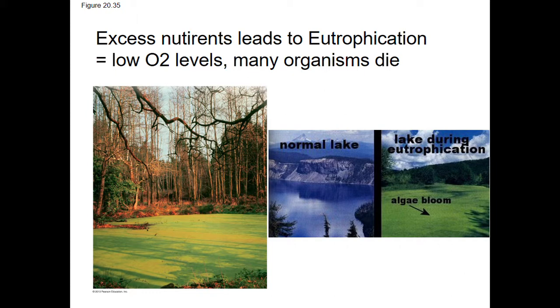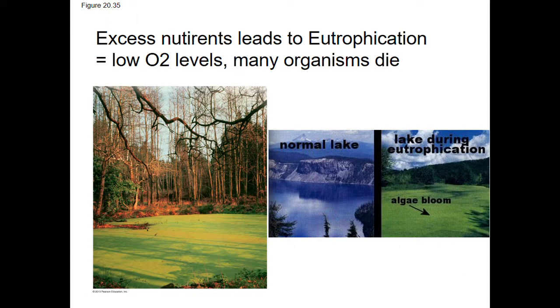So this issue is called eutrophication, and this is basically when algae takes over. On this picture on the right, we have a normal lake, and then we have that same lake during eutrophication. And basically, this is when algae takes over, and this is why the Green River is green.